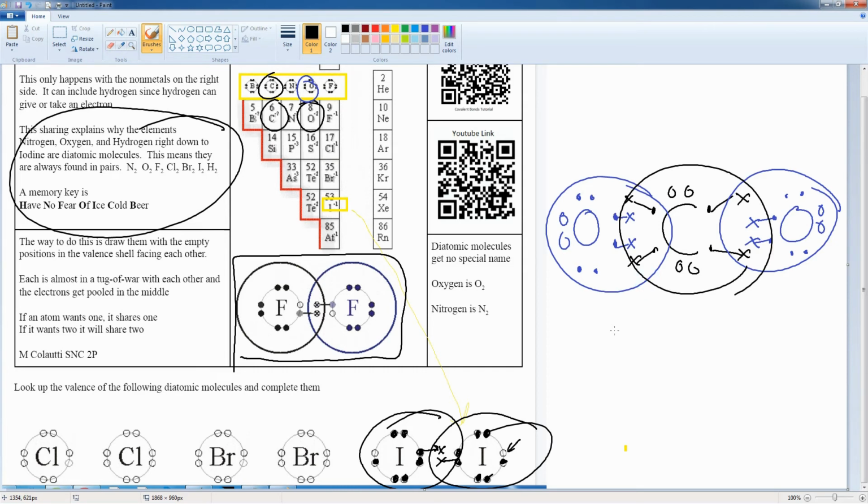What a lot of textbooks will draw is this. And they won't even bother with the color.